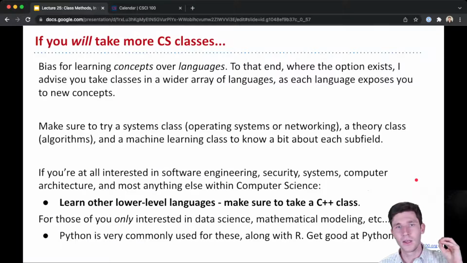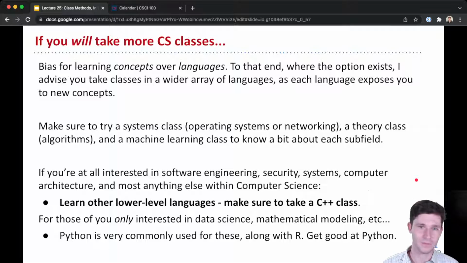For one, bias towards learning concepts over languages. Try to come away from your classes with ideas that are applicable to how you think and learn how to think. And sometimes I advise you to take classes in a wider array of languages, not to learn more languages per se, but because different languages do different things for you.